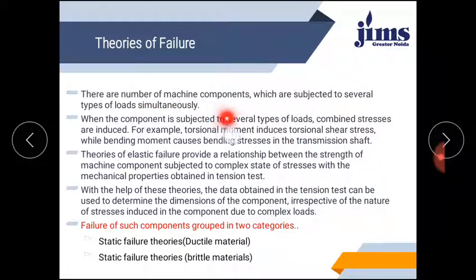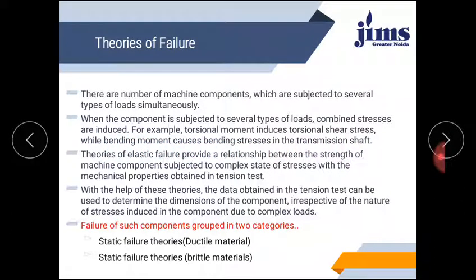When the component is subjected to several types of loads, combined stresses are induced. For example, consider a shaft on which at one end there is a pulley or a flywheel which is rotating with the help of a belt. In that situation, torsional moment induces torsional shear stress, while bending moment causes bending stress in the transmission shaft.